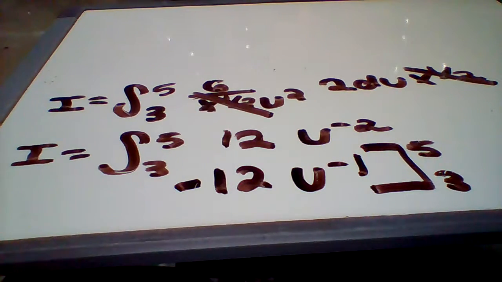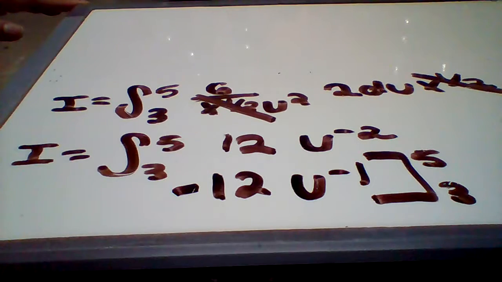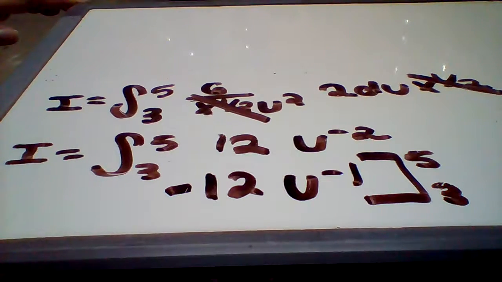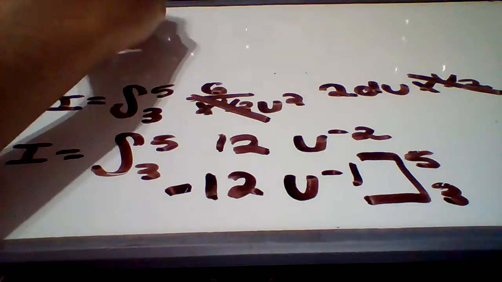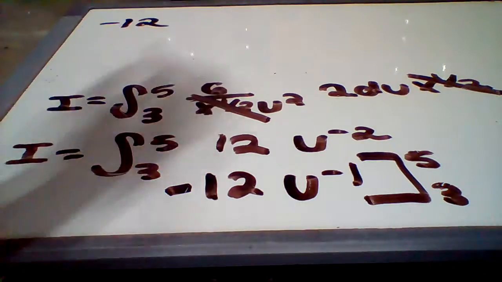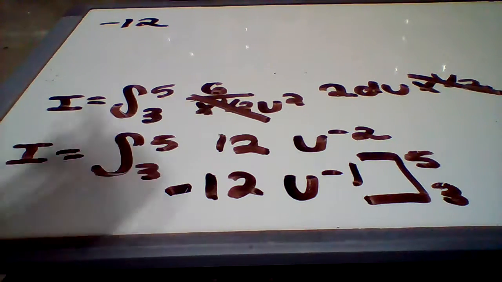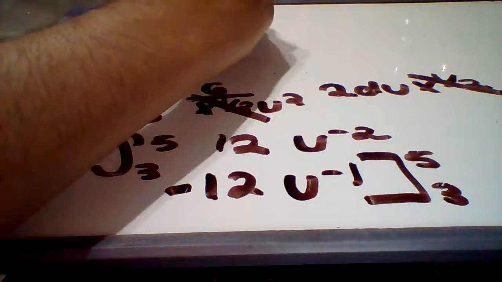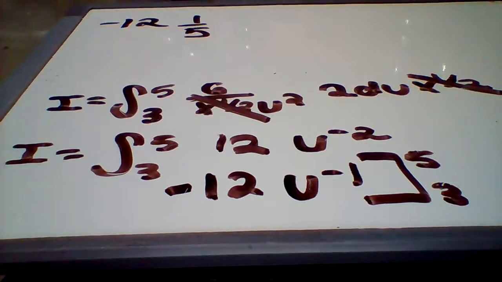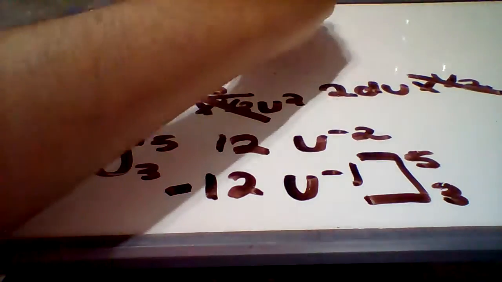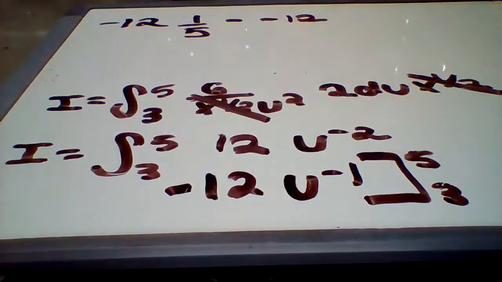Okay, so there would be negative 12, and then 5 to the negative 1 is 1/5, minus negative 12, and 3 to the negative 1 is 1/3.